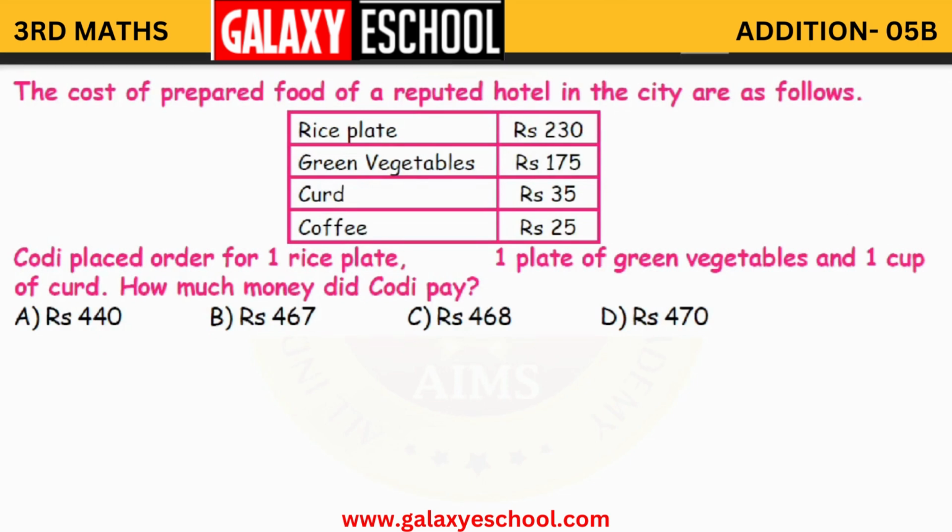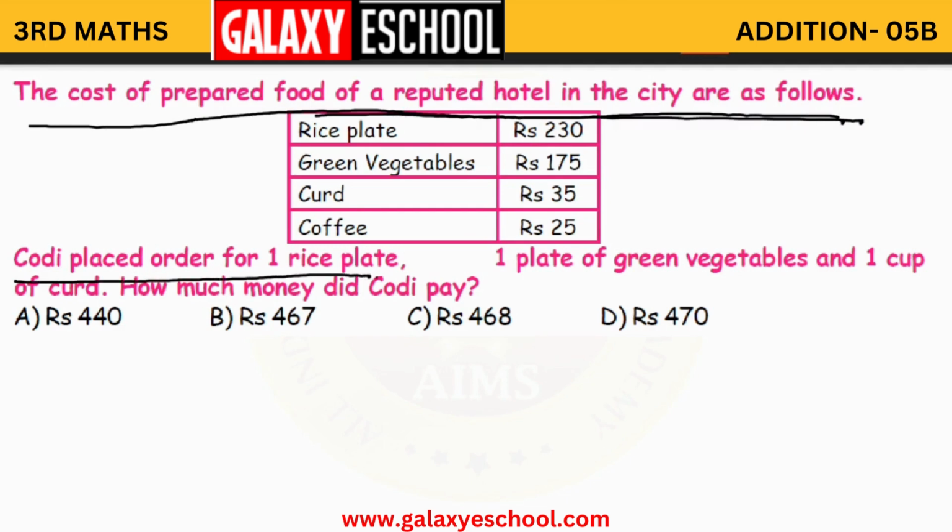Now again this question is also the same. The cost of food of a reputed hotel in the city are as follows. Cody placed an order for 1 rice plate, 1 plate of green vegetables and 1 cup of curd. How much did Cody pay? See, only these 3 items he ordered. Now how much did he pay? How will we find out?